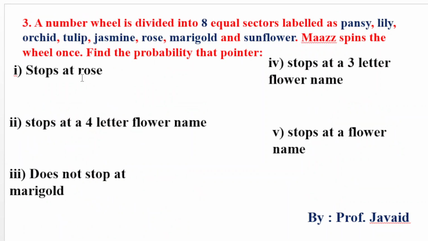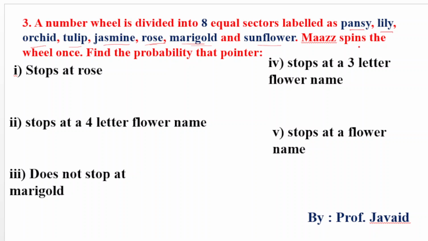So let's move forward with question 3. A number wheel is divided into 8 equal sectors labeled with the names of flowers: pansy, lily, orchid, tulip, jasmine, rose, marigold, and sunflower.